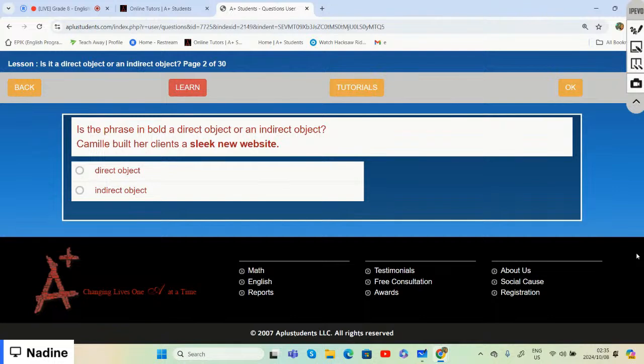The next one says Camille built her clients a sleek new website. We need to say if sleek new website is a direct object or an indirect object, option one or option two.